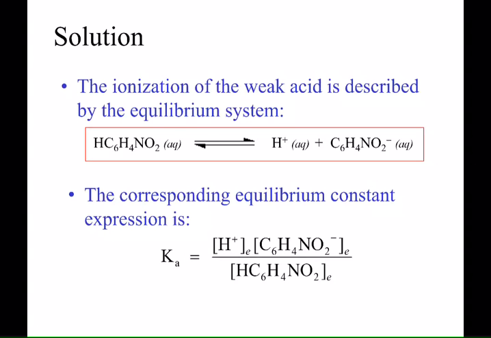Initial, change, at equilibrium. Well, I already told you the initial, 0.012 molar. And do you see where I can get the equilibrium concentration from my pH of the hydrogen ion? Then I can use stoichiometry to go back and pick up the rest. I'll just go ahead and do it.